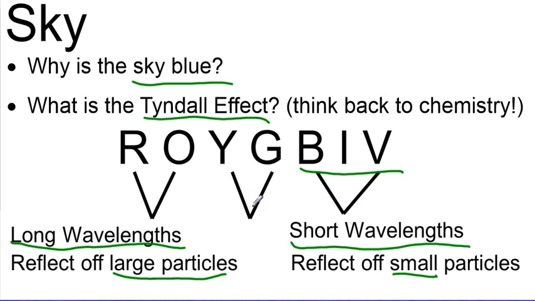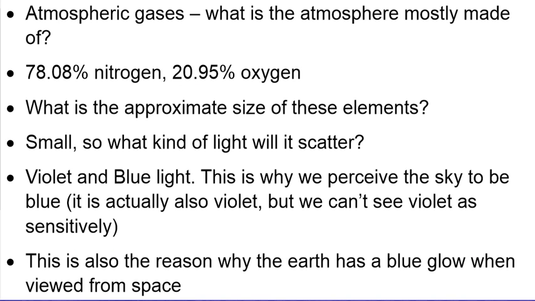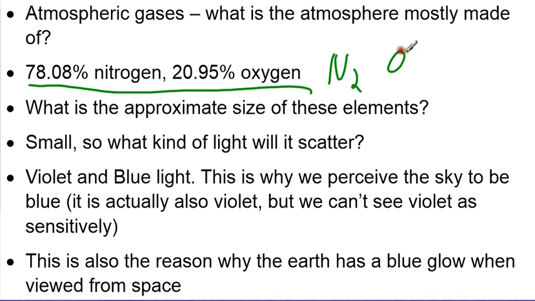So, with the Tyndall Effect, going back to chemistry now, the size of the particles will determine which wavelengths of light it is able to reflect or scatter. This can also be used for Rayleigh scattering if you've learned about that, but we're going to keep it simple and just talk about the Tyndall Effect. And so, our atmosphere is primarily composed of nitrogen and oxygen, N2 and O2.